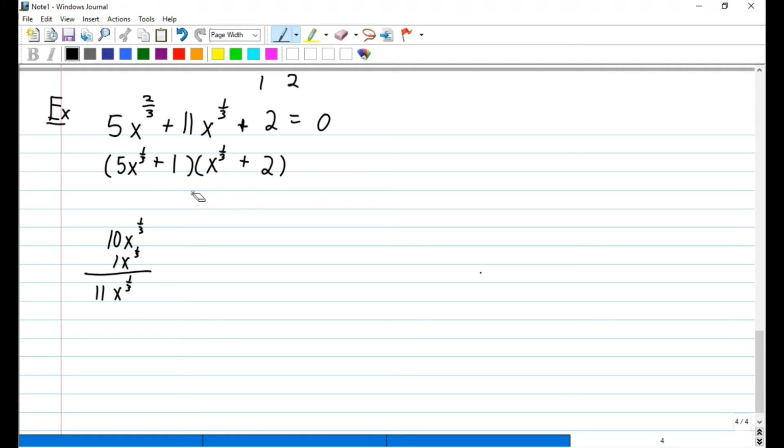Alright, so now that we have this thing factored, we need to set each factor equal to 0. So 5x to the 1/3 plus 1 equals 0, and x to the 1/3 plus 2 equals 0. And we work out each one of these equations, and we're going to get our answer.